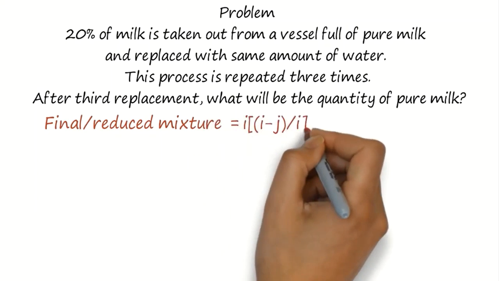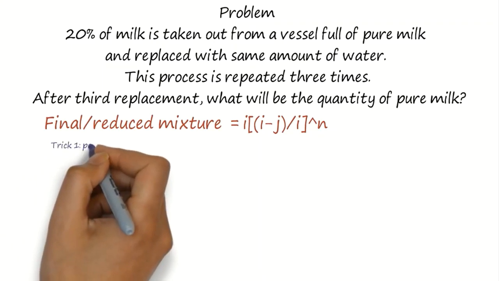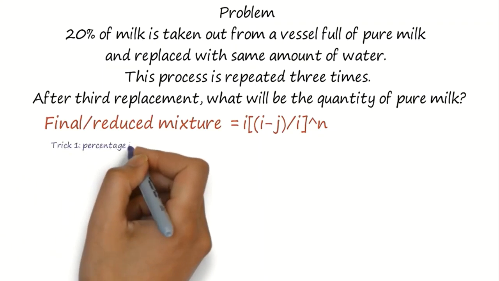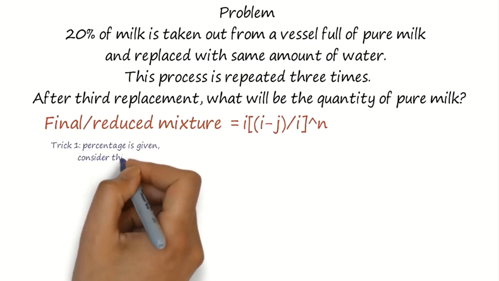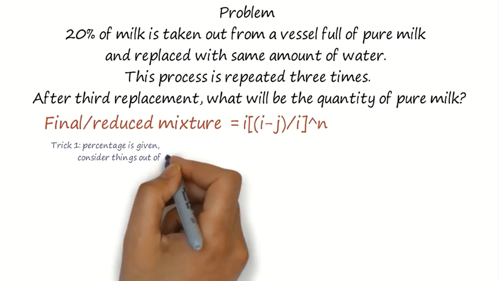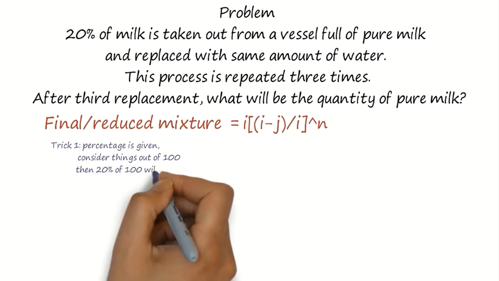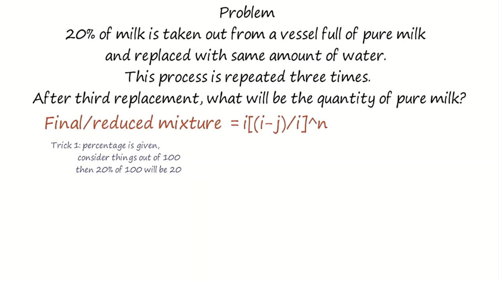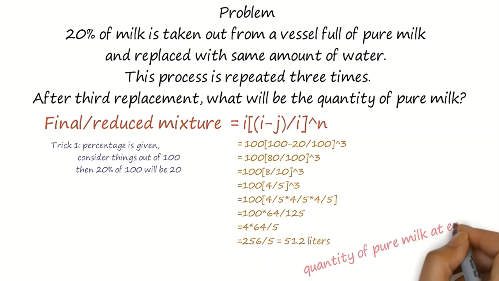So the point to notice here is the replaced amount is in percentage and the total initial amount is not provided. Hence, for the simplicity of calculation, always consider the total amount as 100 and the replaced amount will then be 20. So as per the formula, I is 100 and J is 20, which gives the answer as 51.2 liters of milk left in the mixture.